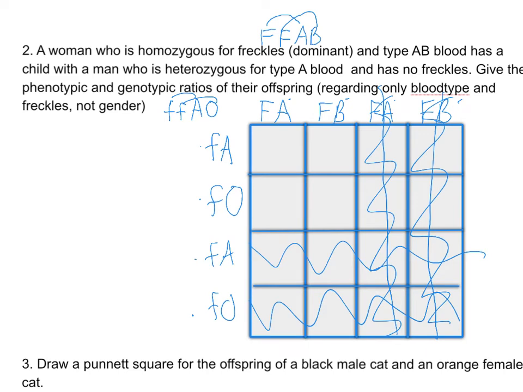So now this has simplified it quite a bit since we had some homozygous traits in there. We'll just go ahead and bring down all the alleles into their appropriate boxes.